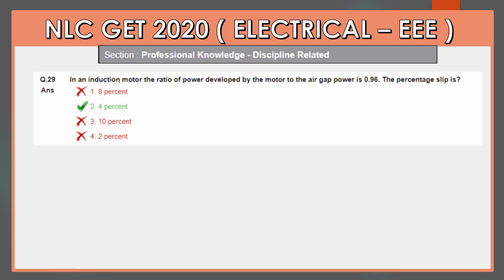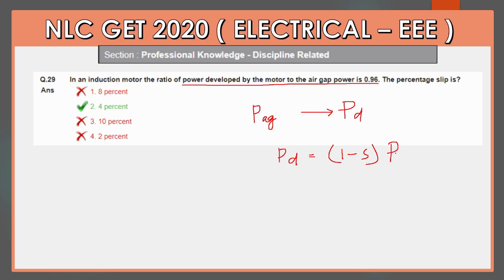Next question, in an induction motor, the ratio of power developed by the motor to the air gap power is 0.96. So we know that PD, the power developed, is equal to 1 minus S times PG, or PAG, the air gap power.